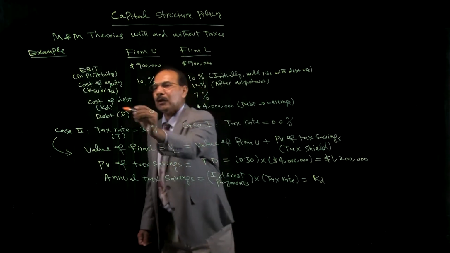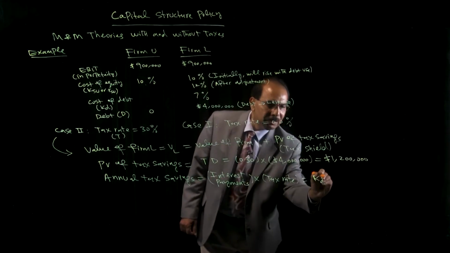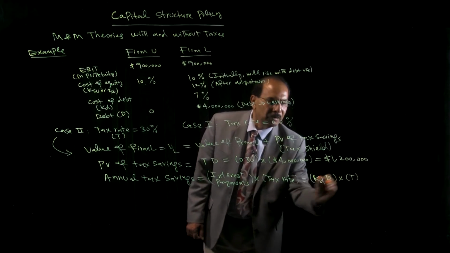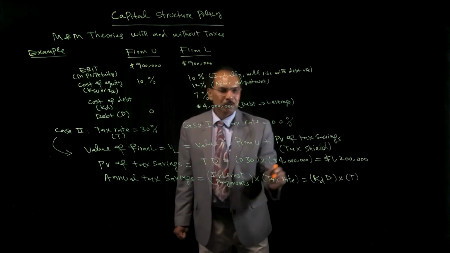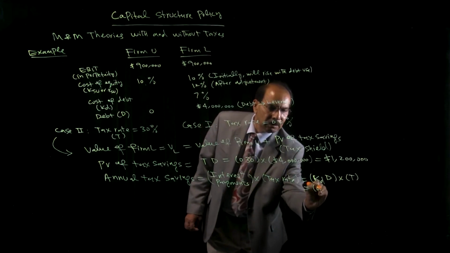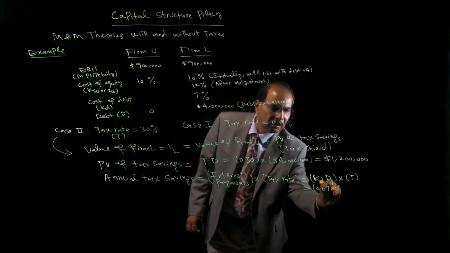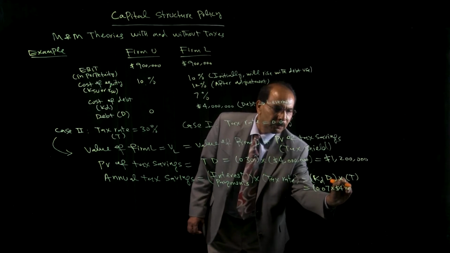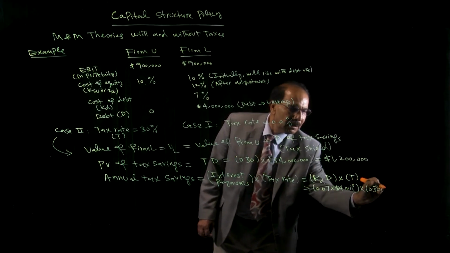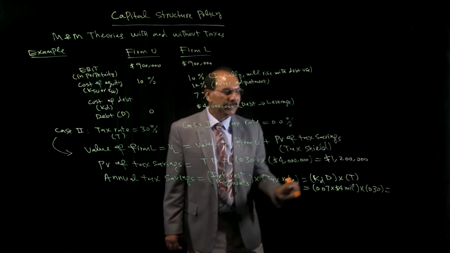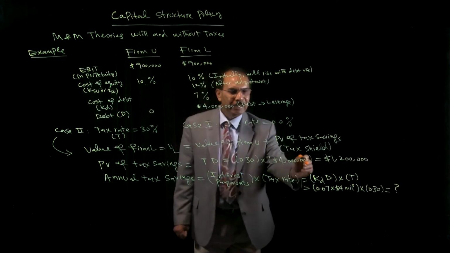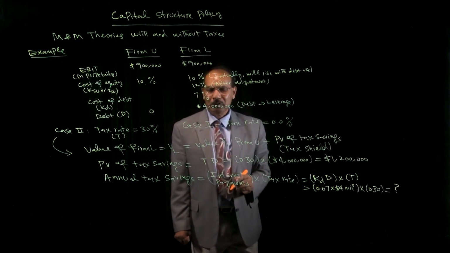KD is going to be our cost of debt times the level of debt times the tax rate. So if we do this calculation here, so that's going to be 4 million. And then we can do this multiplication, and then you can find out the answer here. That is going to be our annual tax savings.